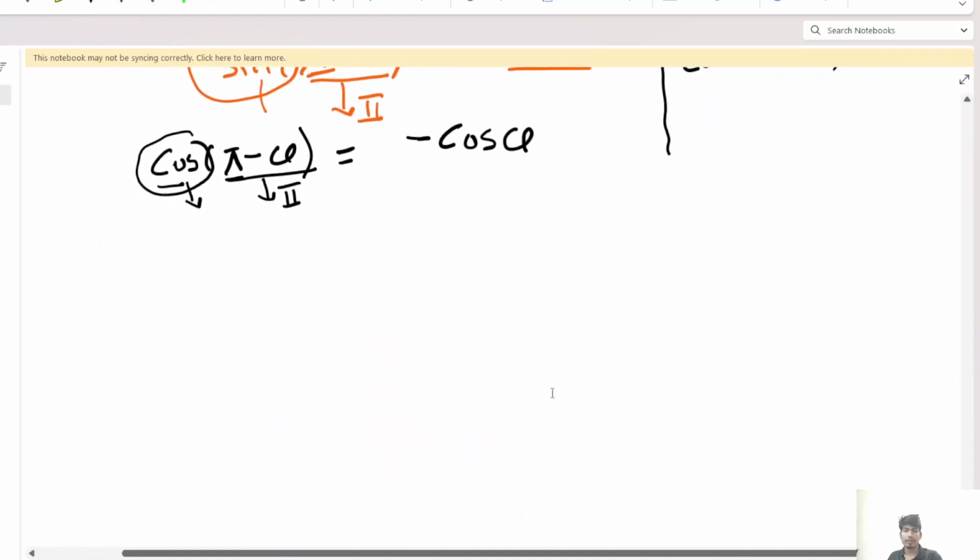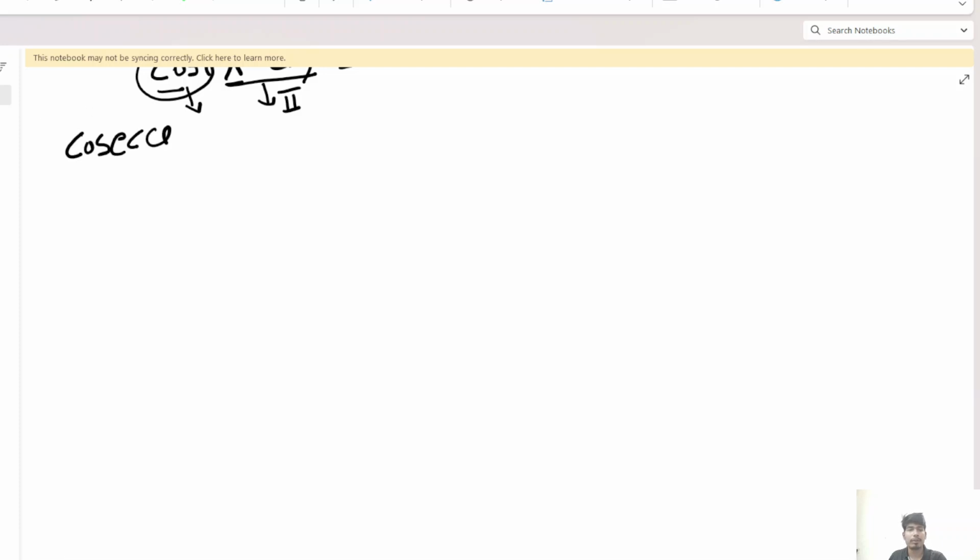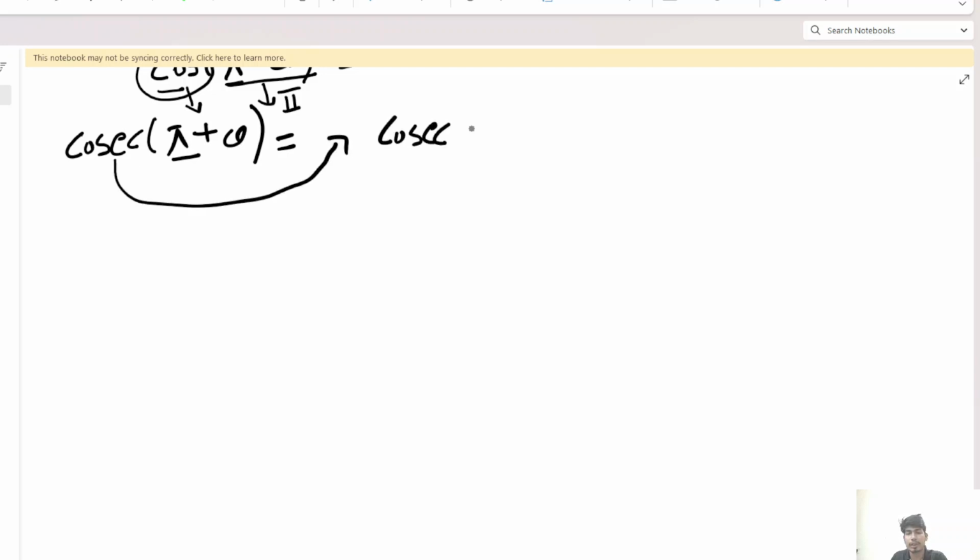There is an important remark, a question: cosec of pi plus theta. What is the value of this? We know pi means the trigonometric ratio is the same, cosec theta, and this is the third quadrant, in which the cosec function is negative, so here it is negative.